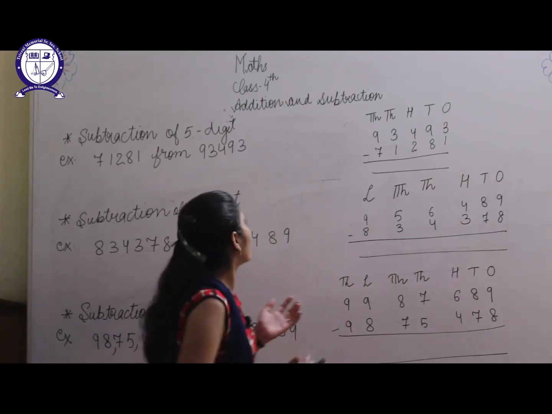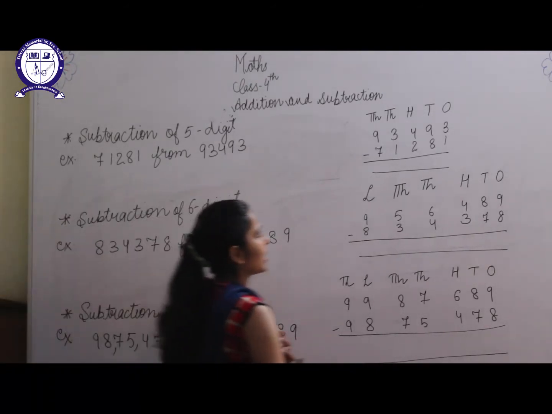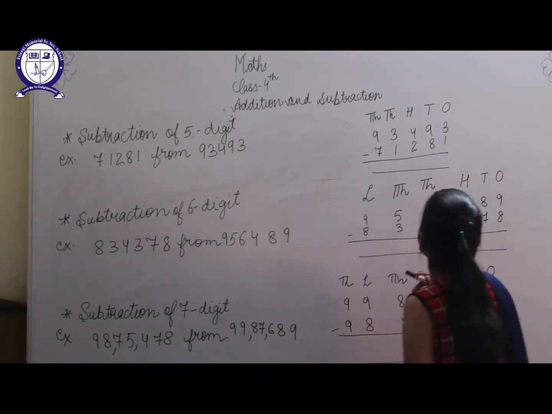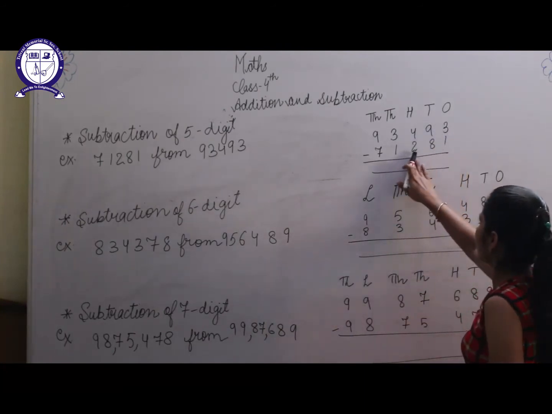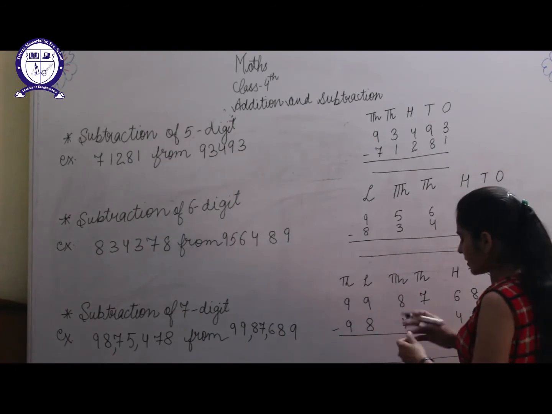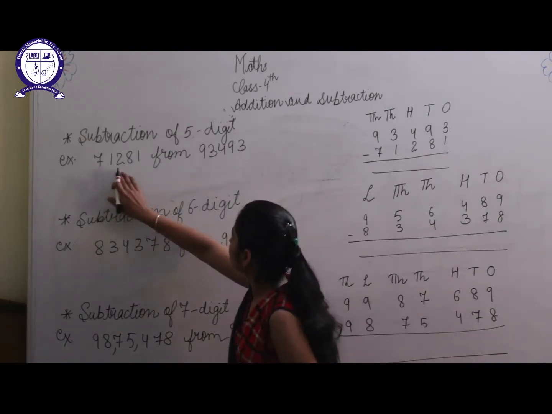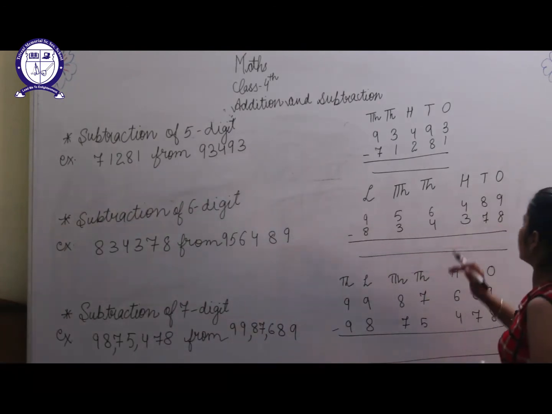The step will be to arrange the numbers under their place values, and you will start subtracting from the right hand side, the ones place or unit place, students. You will first subtract the ones place digit, then the tens place, then the 100 place, then the 1000 place. So first we will subtract 5 digit numbers. We are having here 71,281 and 93,493. So we will subtract.